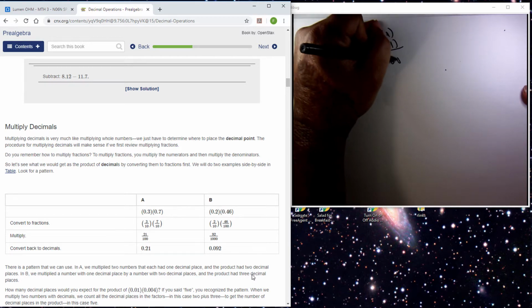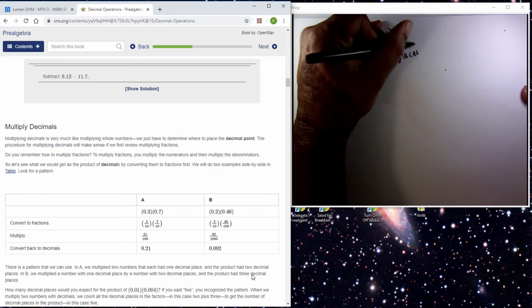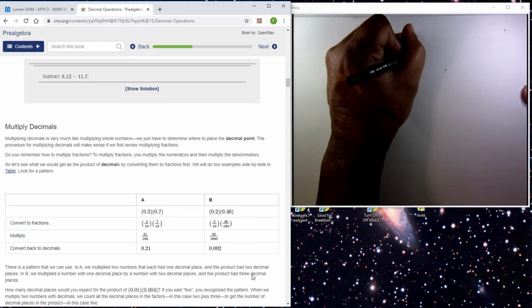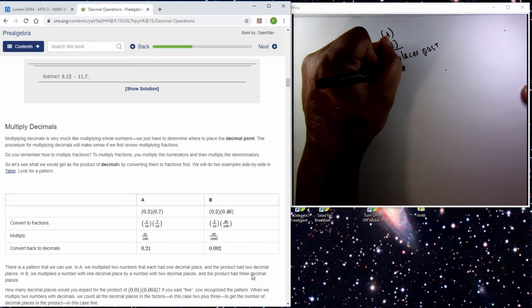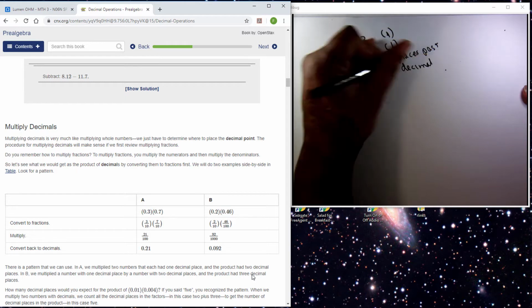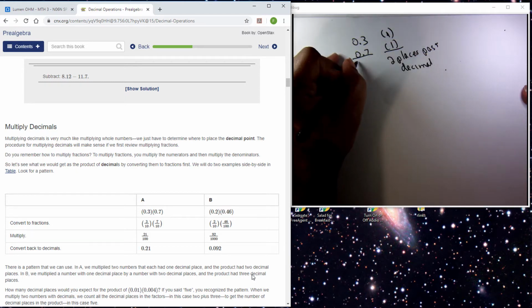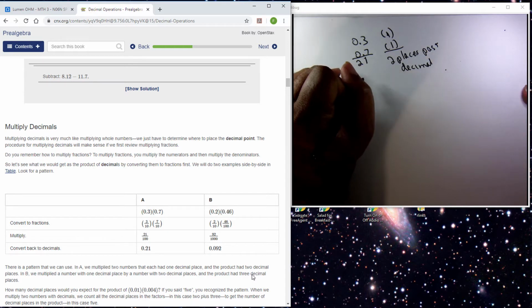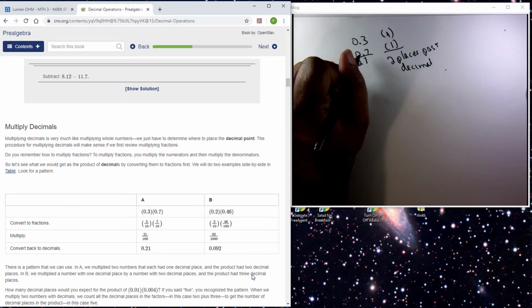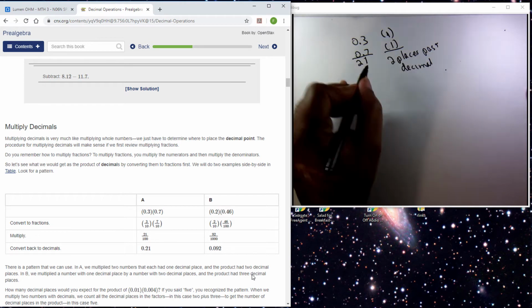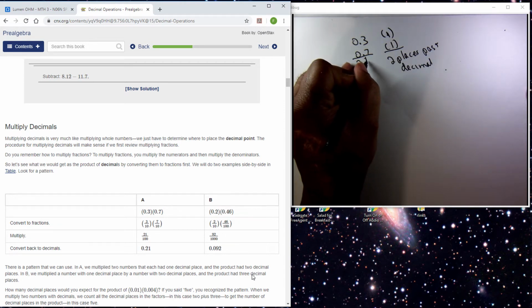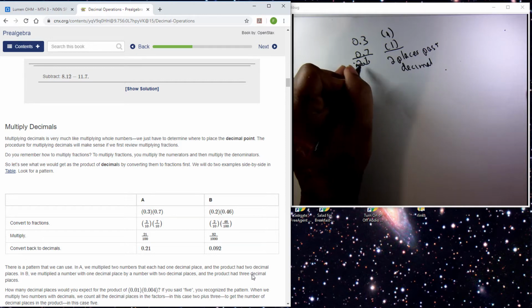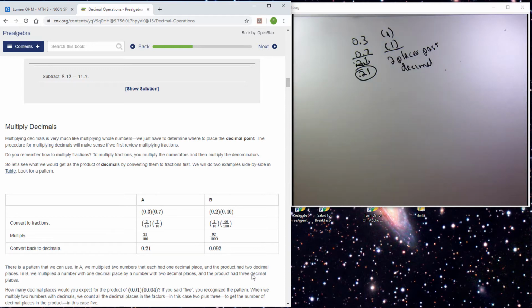So I have 2 places past the decimal. So 3 times 7 is 21. And then I shift the decimal point the number of places. 1, 2. So my final answer is 0.21. So you can see that there.